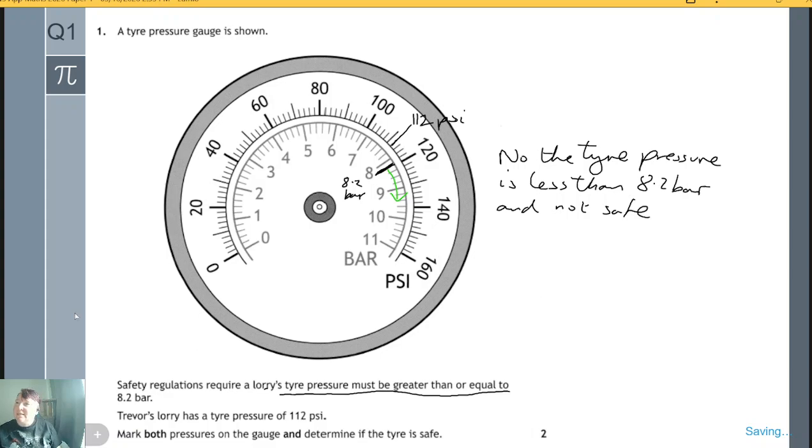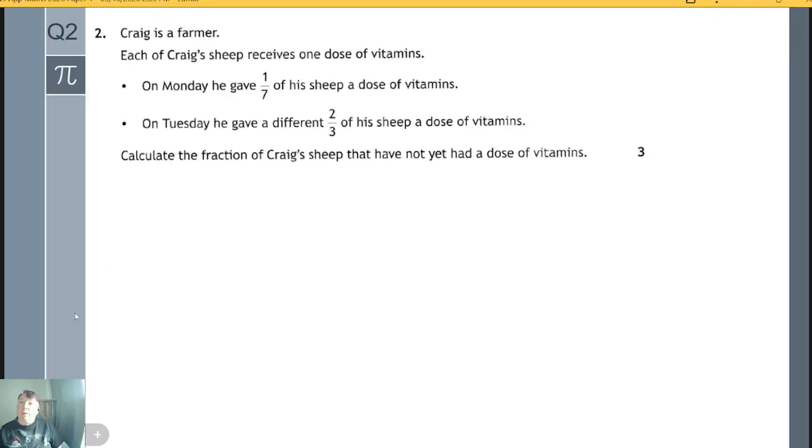If you wanted to write it as a mathematical format, 8.2 bar and 112 psi, you point to the smaller one, which is 112 psi, and there we go. Okay, remember with these questions, they do want a written answer, so you've got to put some actual words in there.